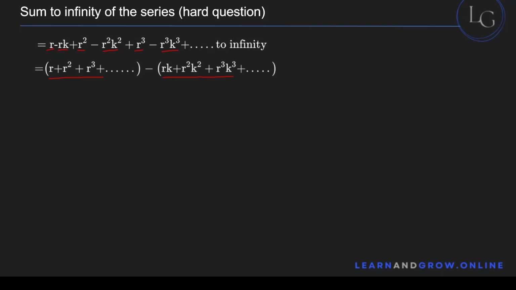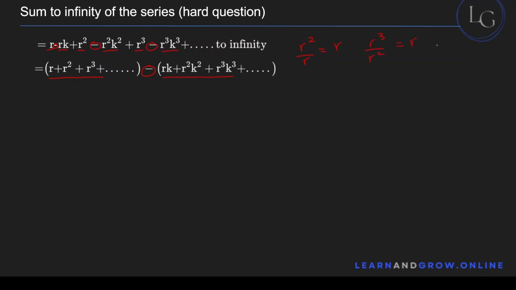Now these are geometric series. Why? Because, also, since the rk terms are actually negative, you just take the negative sign common and make the rk terms positive. So now this is a geometric series. Why? Because look over here. This has a common ratio because r squared divided by r is equal to r, and r cubed divided by r squared is also equal to r.